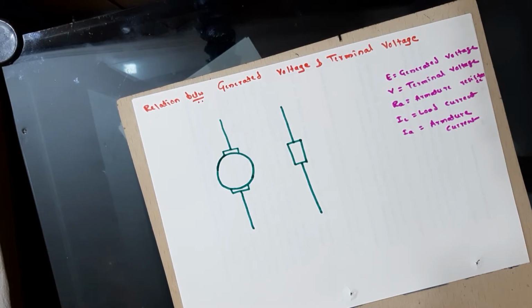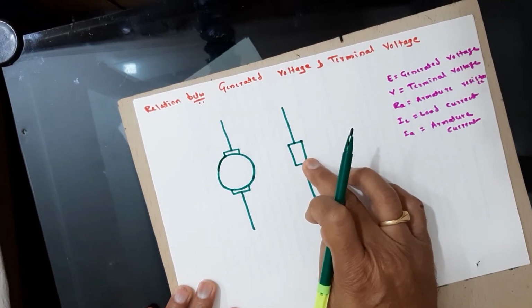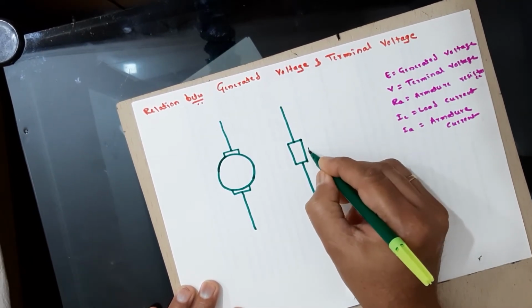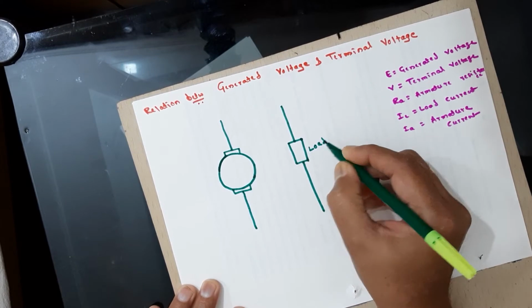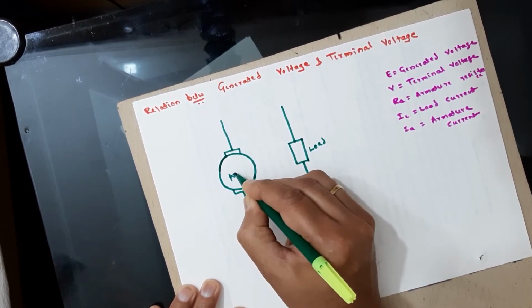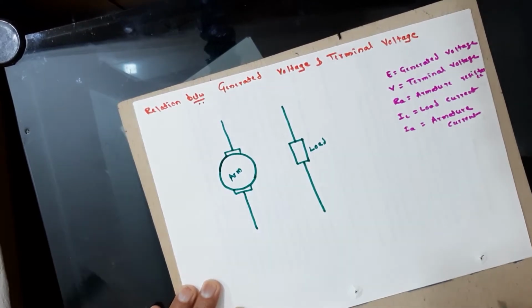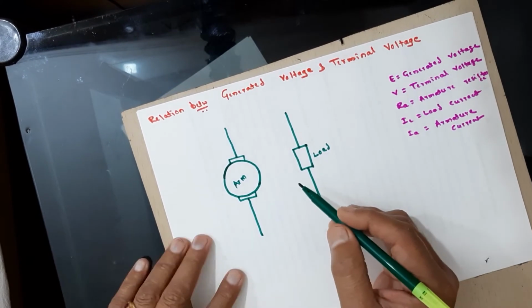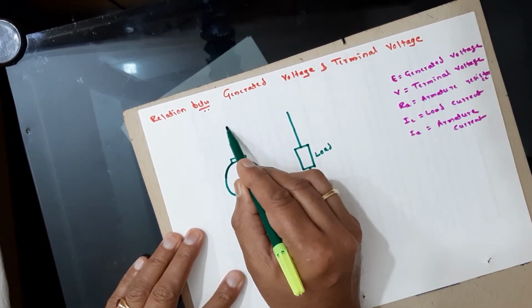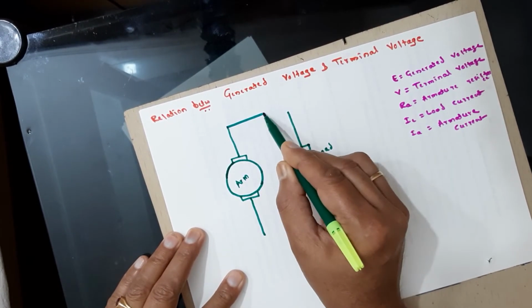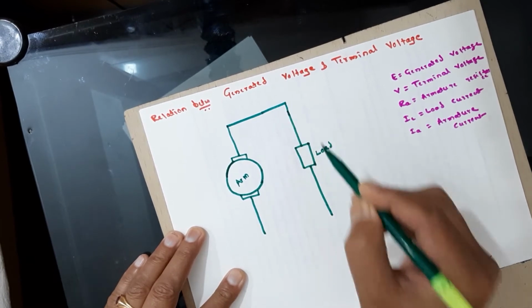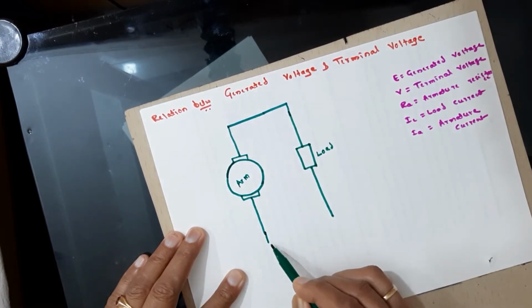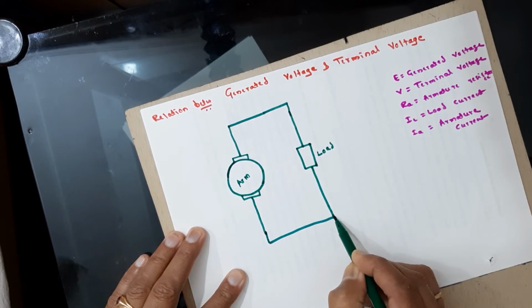The terminal voltage is nothing but the voltage across the load. Here I have got a load, and here I have got the armature of a generator. What is the purpose of a generator? It is delivering electrical power to the load for utilizing the electrical energy.